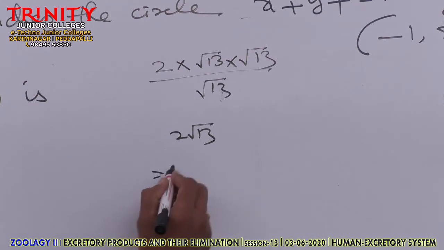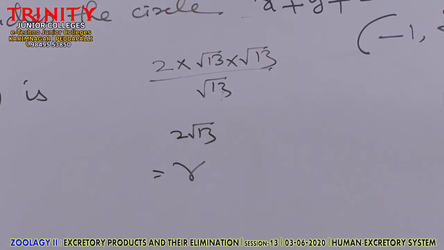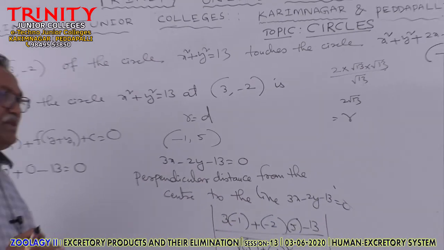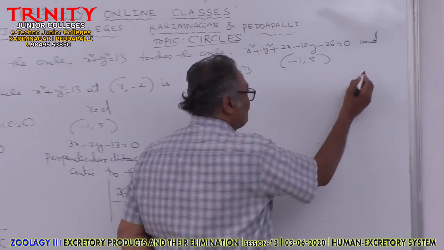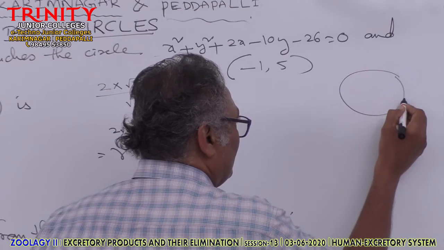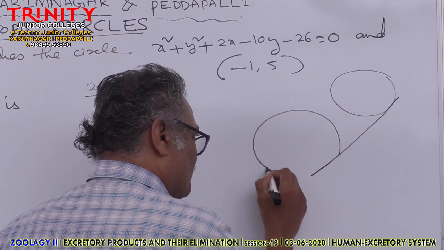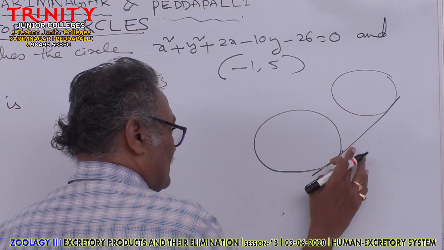It equals to the radius of the second circle. The radius of the second circle is 2 root 13. We got the same one. It means the tangent of the first circle is touching the second circle.